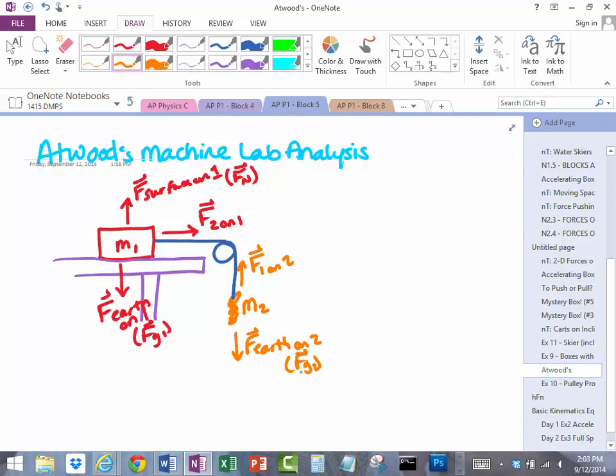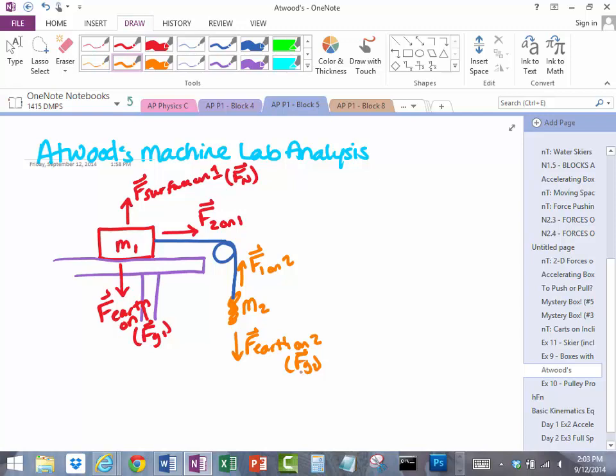Now, I don't want to do more work than I have to. In this lab, I was trying to analyze how the magnitude of the hanging mass affects the time. There's no time involved with this. Right? What things do you think we really care about? And in terms of forces, what do you think we want to try? Where might time exist? Yeah.